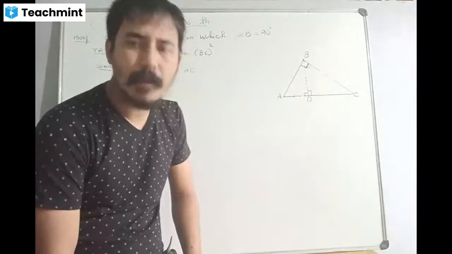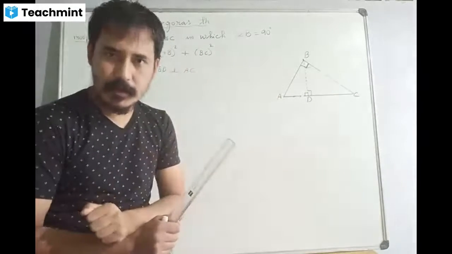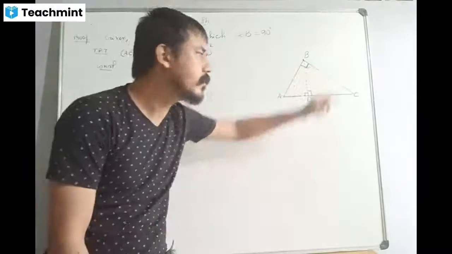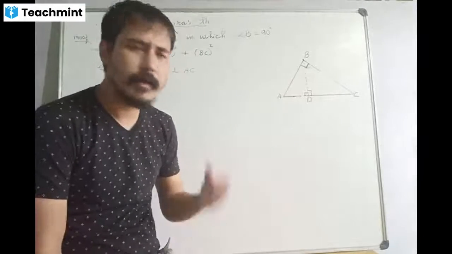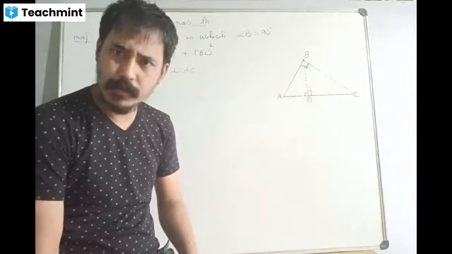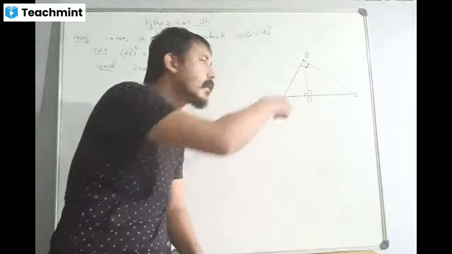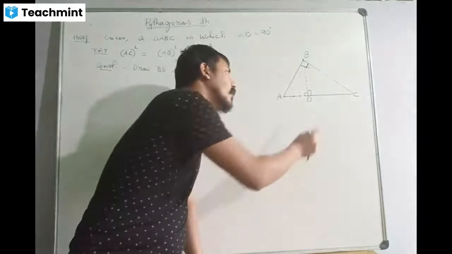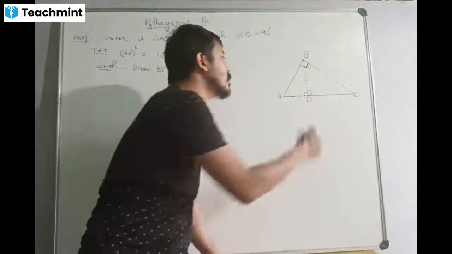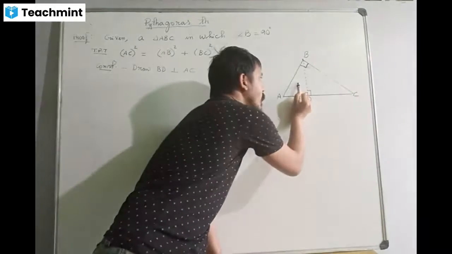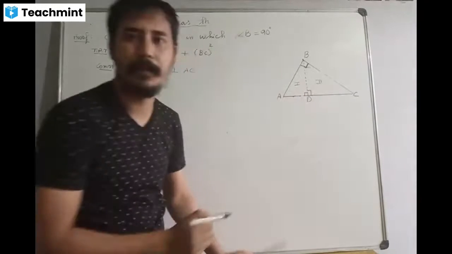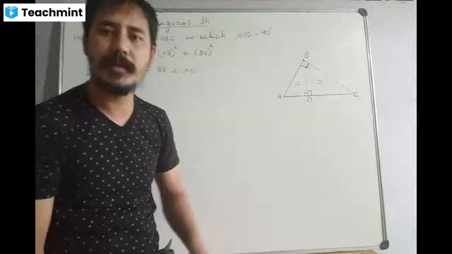Is it okay? Now what I'm going to do is take, out of the two smaller right triangles, one, and then the bigger right triangle. One smaller triangle is ABD, the other is BDC, and we have the bigger one, ABC.